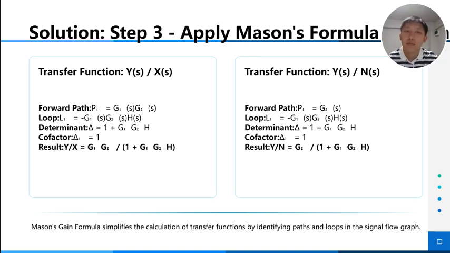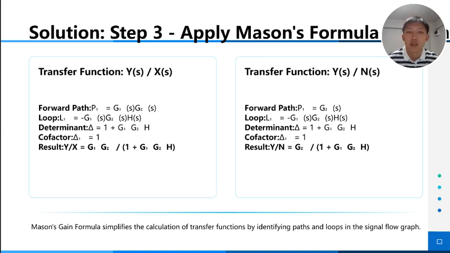As an optional step, we can apply Mason's gain formula to find the transfer functions. For YS over XS, there's one forward path with gain G1, G2, and one loop with gain G1, G2, H. Applying the formula gives us the transfer function.